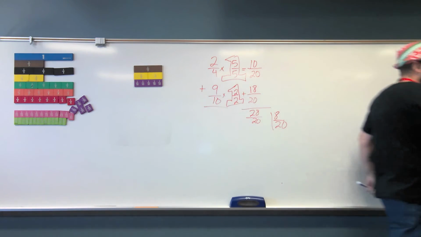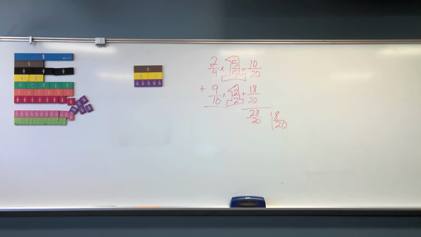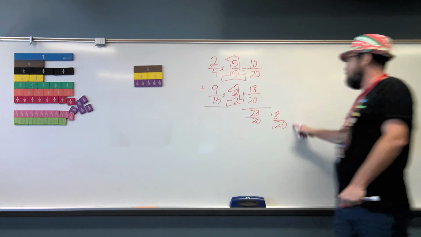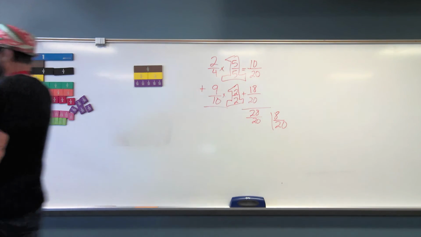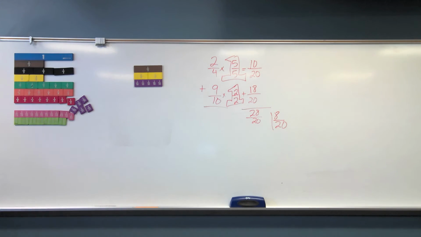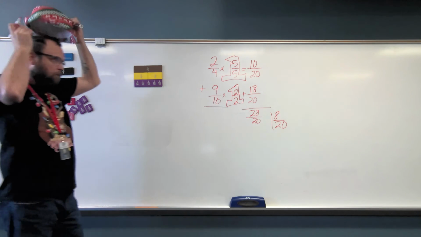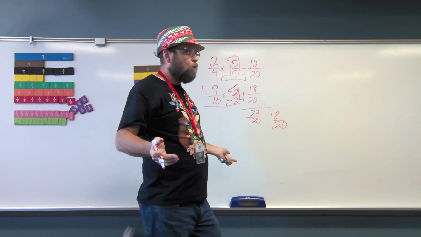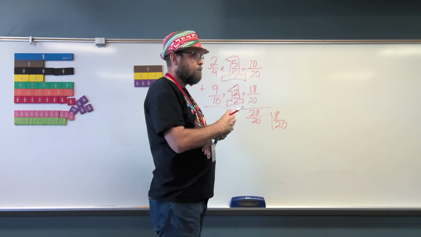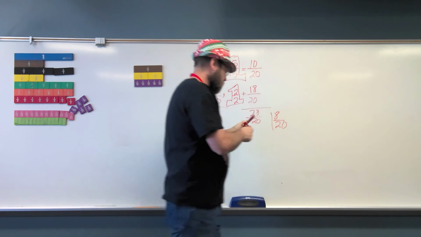But wait, there's more. Allie, we're going to try and simplify this fraction. Is there a number that divides evenly into both 8 and 20? They're both even, so what would work? 2 would work.